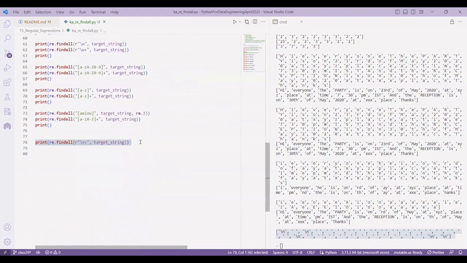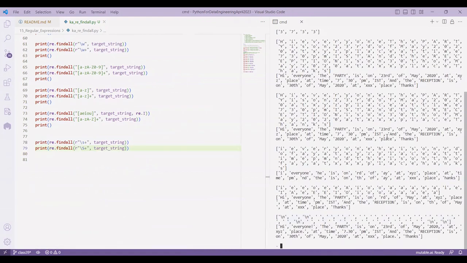And observe, I will tell you something interesting. Till now you did slash small s. If I do slash capital S, it will do the reverse of what we did, meaning the absence of white spaces. Wherever a white space is not there, it will give the remaining things.